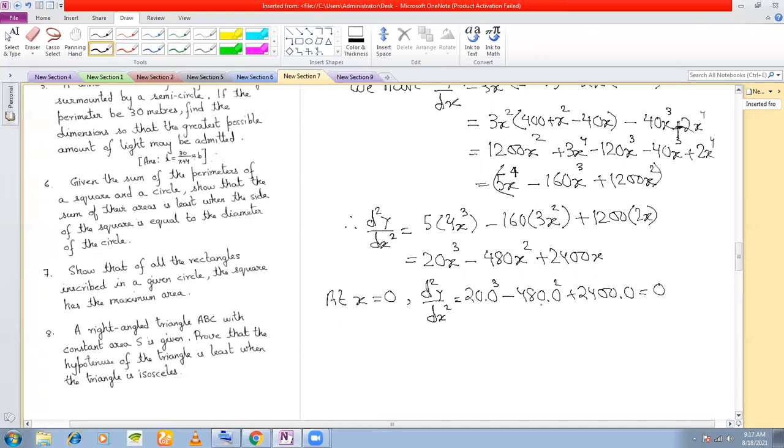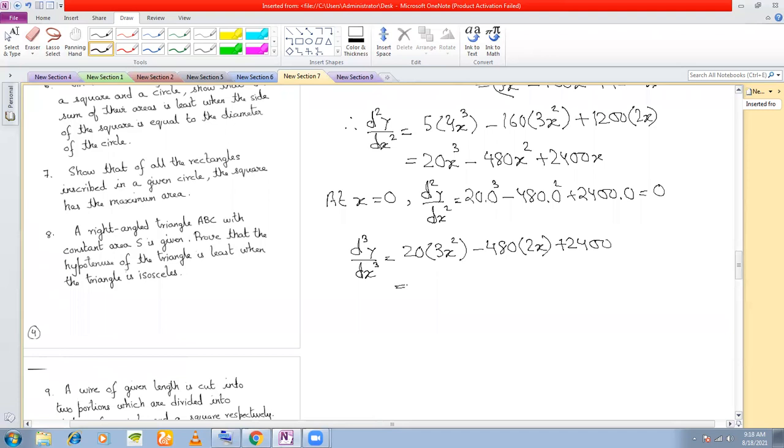That means we need to check with the third derivative now. d3y dx3 will come out to be 20 into 3x square minus 480 into 2x plus 2400, which will be equal to 60x square minus 960x plus 2400.